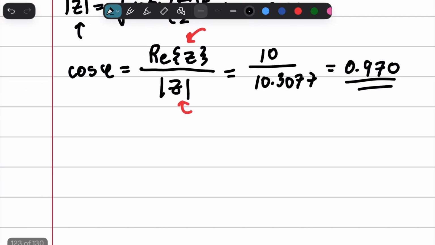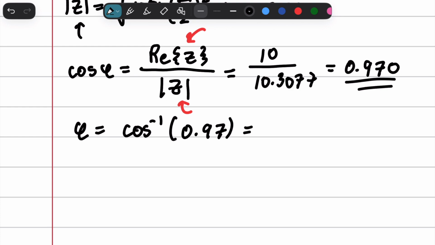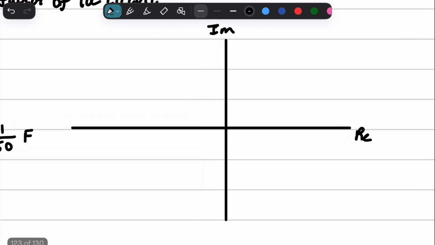And we can actually take this ratio right here and find the phi, and this is where I was going at with the graph. So 0.97, and I believe that's going to be, I'm going to have to calculate that. That's going to be about 14 degrees. And as it goes lower and lower, like this.